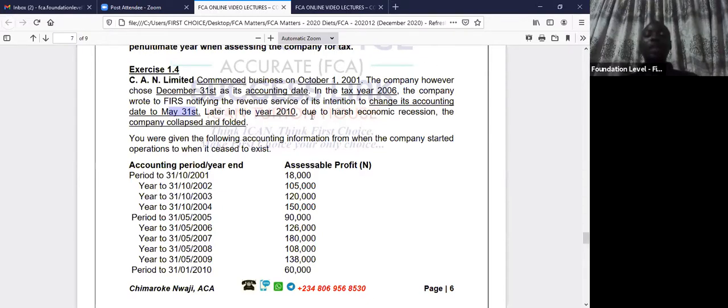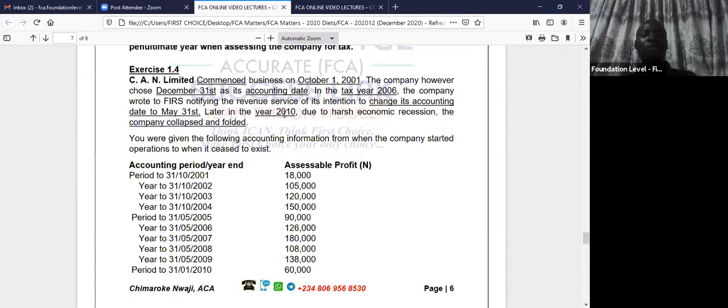And this 2006 is relevant. So from 2006, 2007, and 2008, you are going to be looking at old accounting dates, new accounting dates. Okay? Now, later in the year 2010, due to harsh economic recession, the company collapsed and folded.